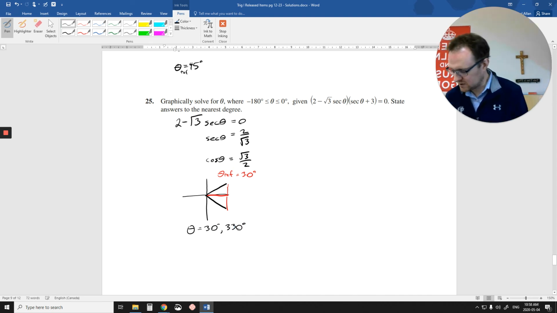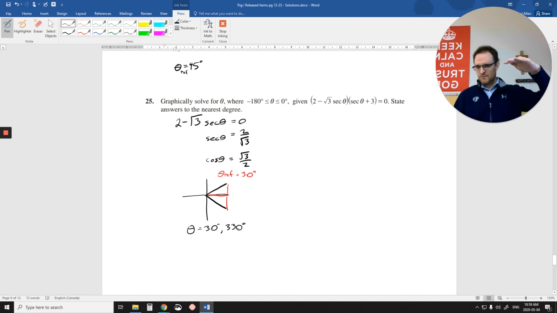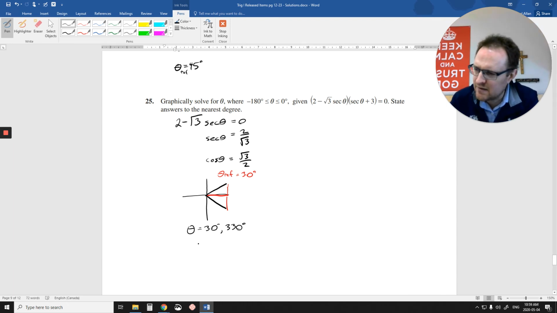Okay, let me just double check those. Cos 330, yeah, that's the right number. Cos 30, that's the right number too. Those are not within my domain. I want to go from negative 180 to 0, so I'm looking at the bottom half of this circle, from 0 over to negative 180. So I'm going to find some coterminal angles.